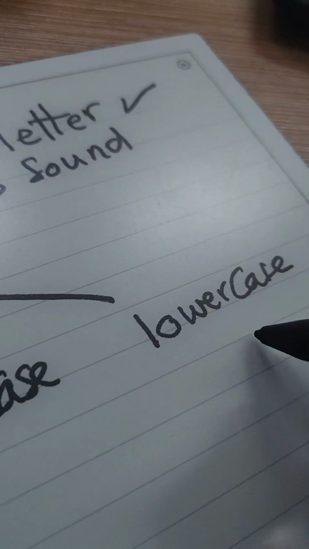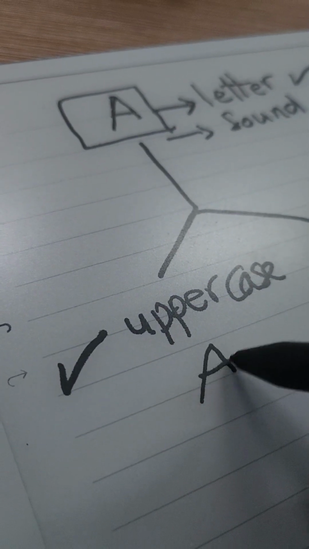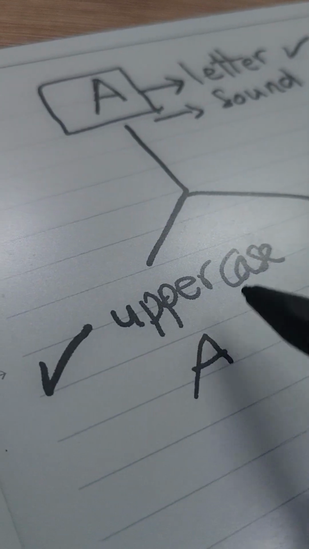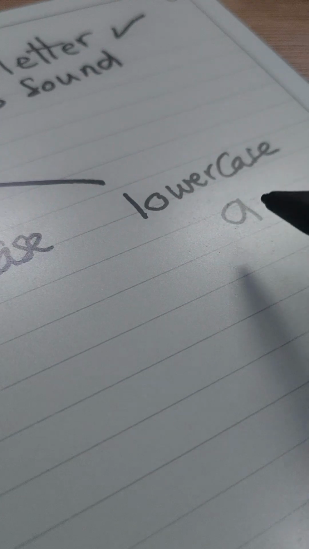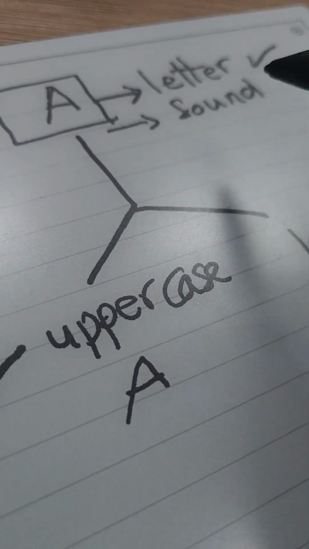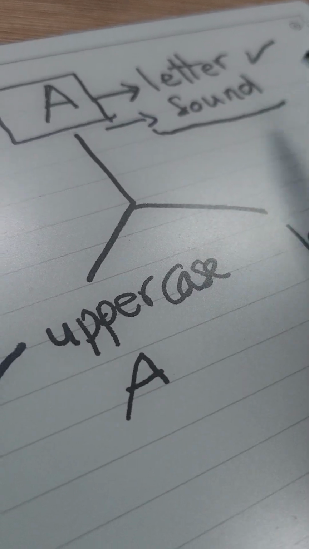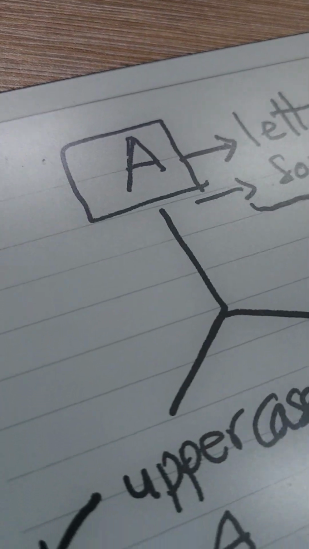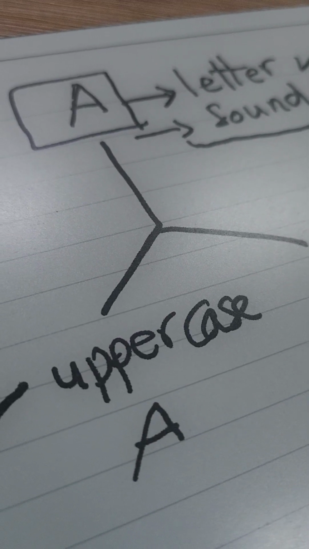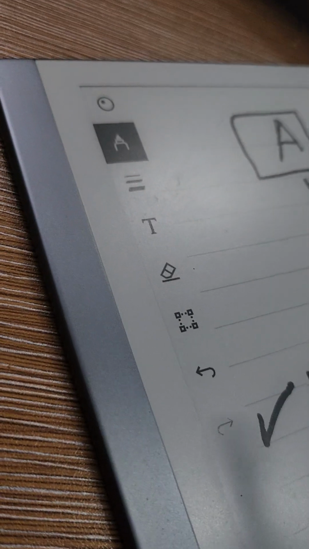Uppercase is A, capital. Uppercase A, lowercase a. So this is just to say a letter A. But what about sound? If it is a sound A, what can you say? How can you say? What are the relations of other sounds with the A sound? Let's see.